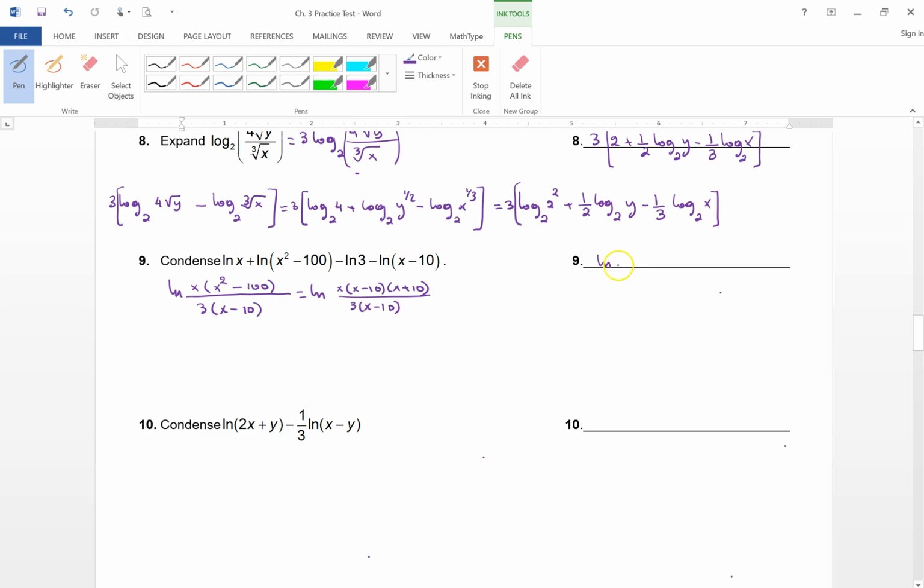So we have ln of, I'm sorry, ln of x plus 10 over 3. Okay? You can put parentheses around it. It's probably a good idea.